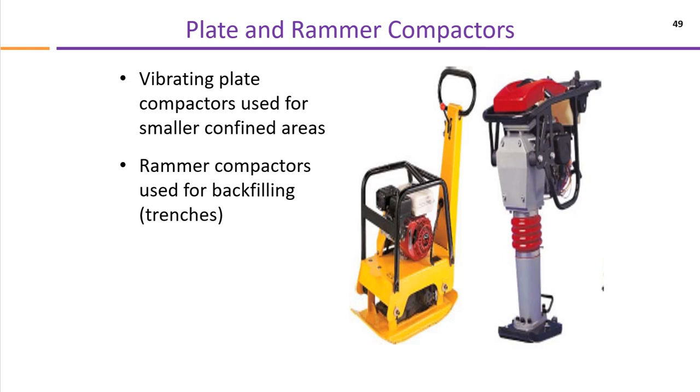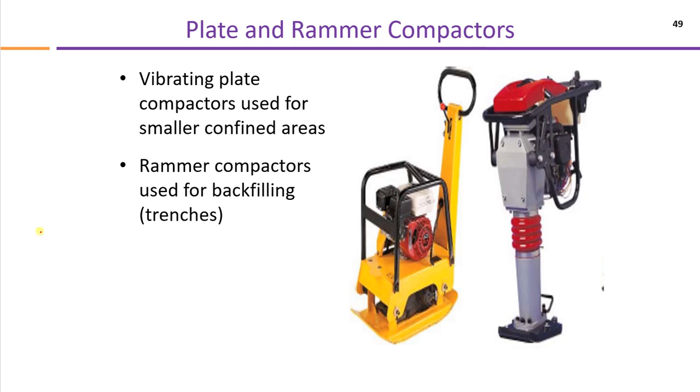Now, if we are compacting in a limited area, for example, it's not a road project, but it's, for example, a structure. It could be a building or it could be any other structure where we have to compact some soil. Then we are going to use these plate vibrators. So these plate vibrators are used for backfilling, for example, any trench.